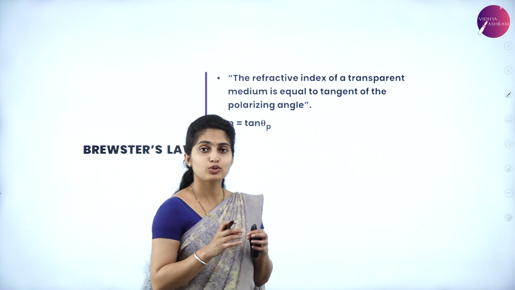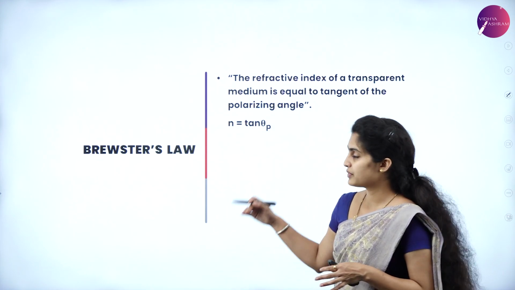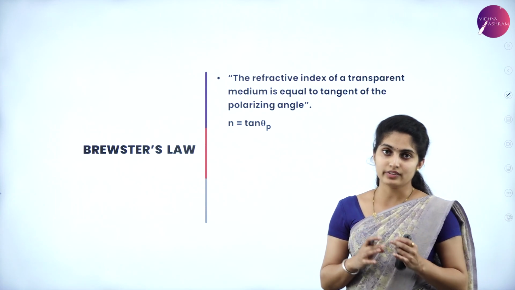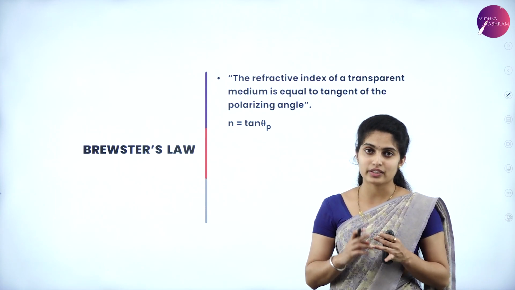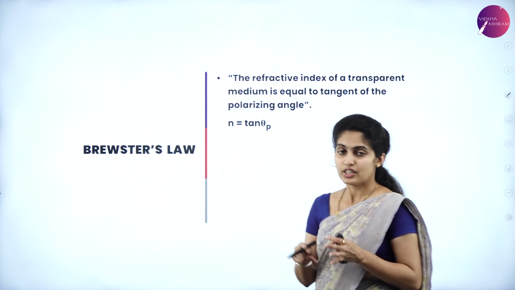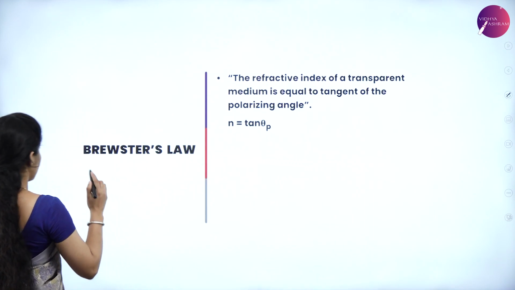So before studying Brewster's angle and Brewster's law, we need to know two types of light: polarized light and unpolarized light. So what are these two types of light?